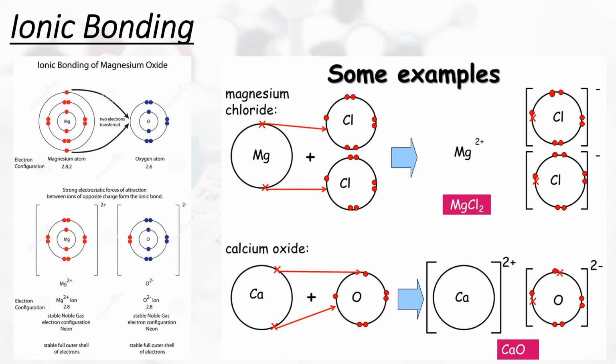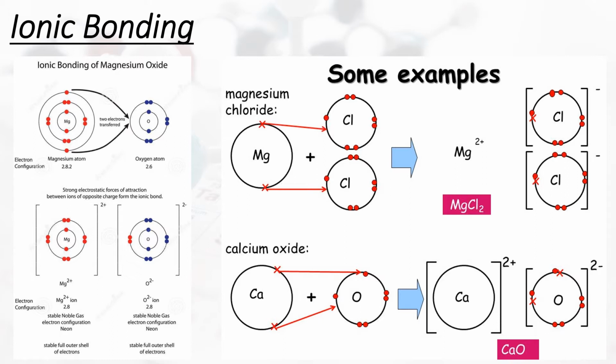So we can have a look here at magnesium oxide. Magnesium is in group 2, so it has 2 valence electrons in the outer shell. The easiest way that it can obtain a noble gas configuration is to lose those 2 electrons. Our oxygen atom has 6 electrons, it's in group 6, so it has 2 spaces. And so the easiest way here is to take the 2 electrons from the magnesium and transfer them to the oxygen.